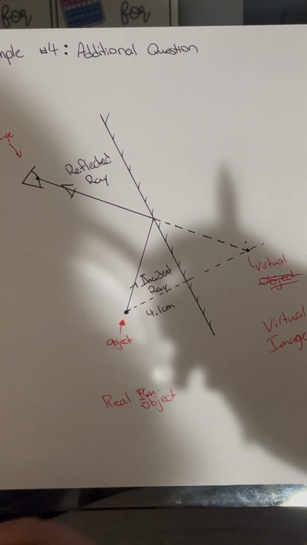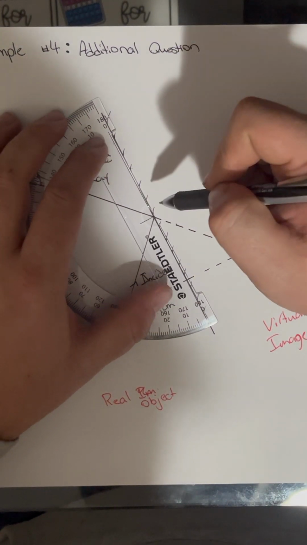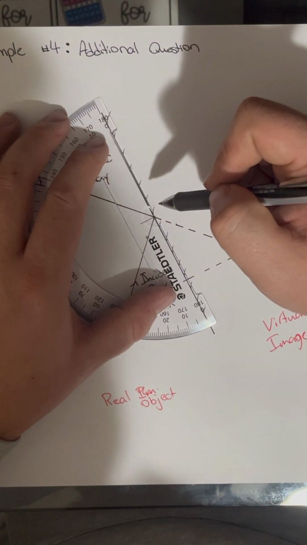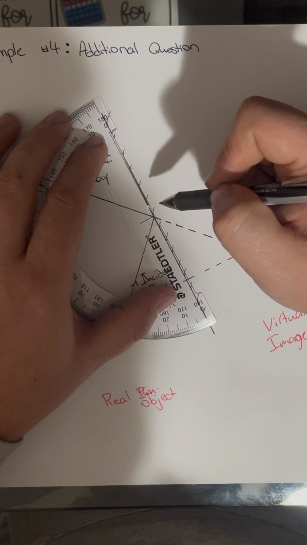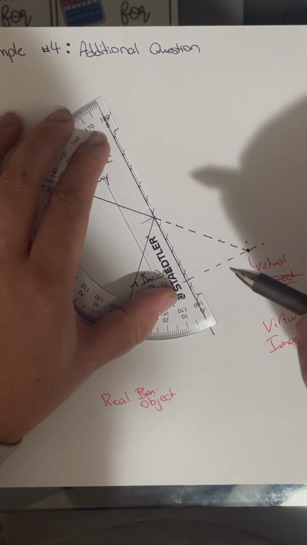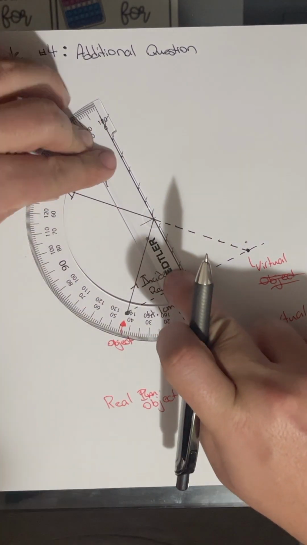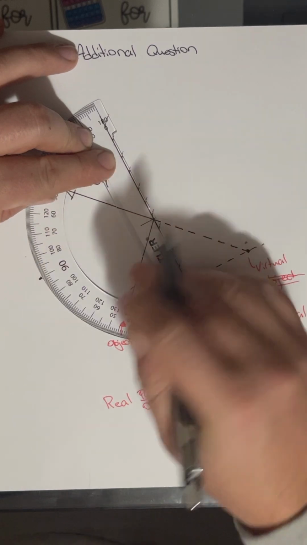Taking our protractor, put that point right at the point where everything intersects. Those three lines, your incident ray, your reflected ray, and your mirror, find the point where it lines up along those, and we're going to draw our normal at 90 degrees over on this side.